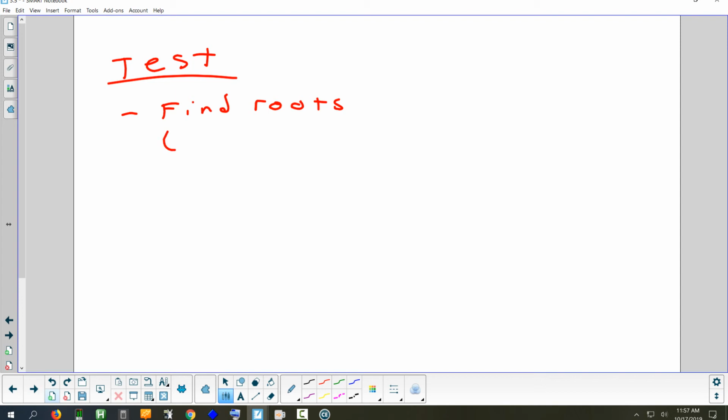Finding roots could involve factoring, could involve quadratic formula. Could involve using the rational root theorem. Could involve using synthetic division. All those techniques come up when you have to find roots. Not all the same problem.